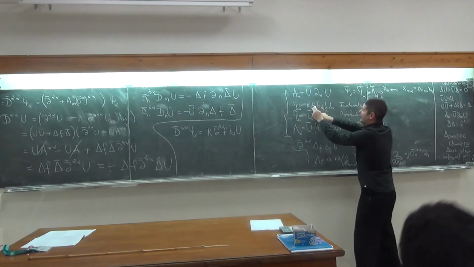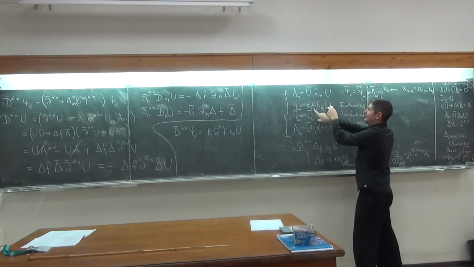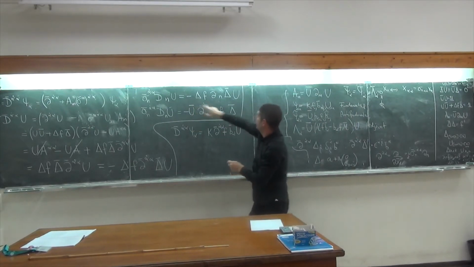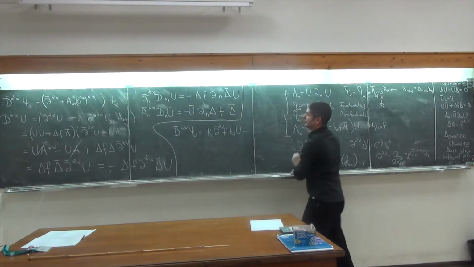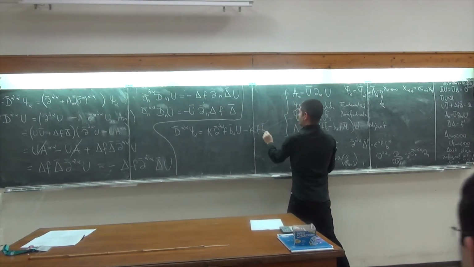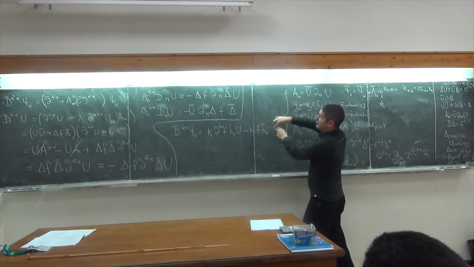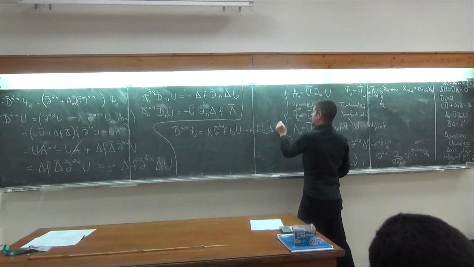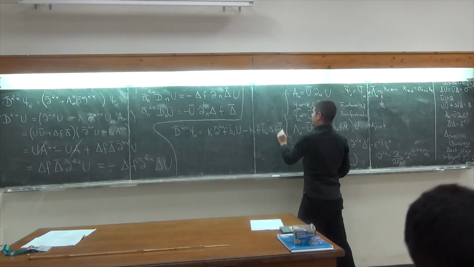The derivative can act here or act on u. And together with the connection, we can use this formula. This is minus k f p bar alpha, and then when it acts on u, it brings here the delta f p alpha dot alpha delta bar.